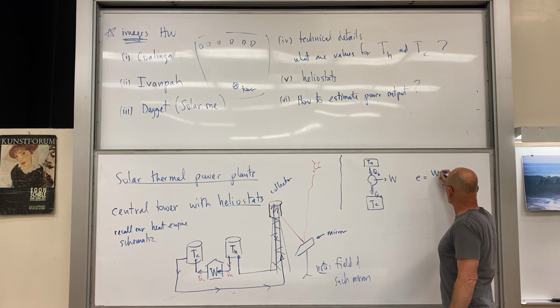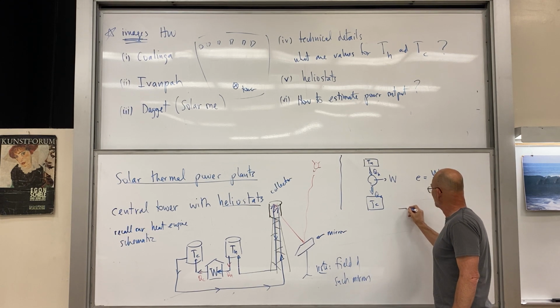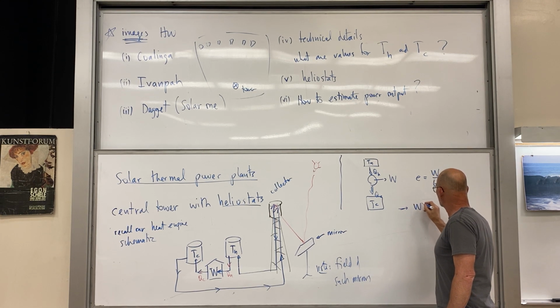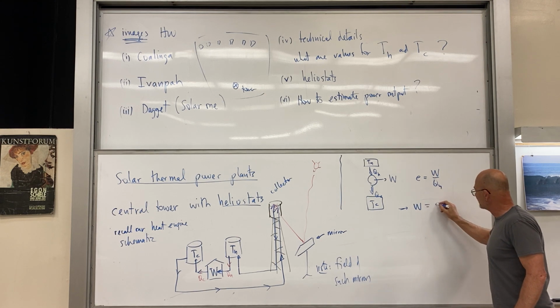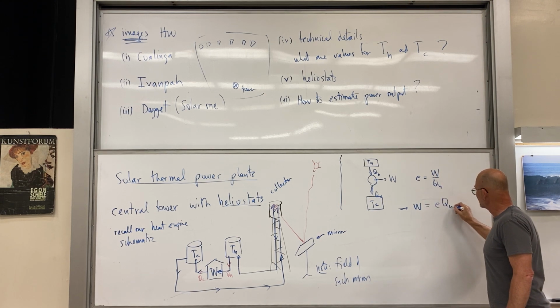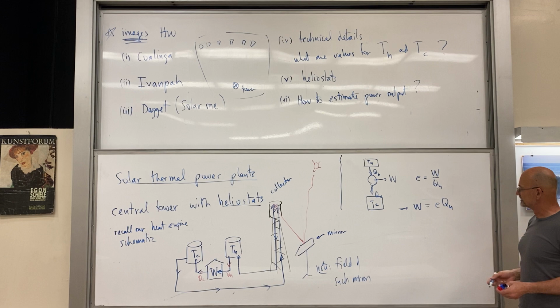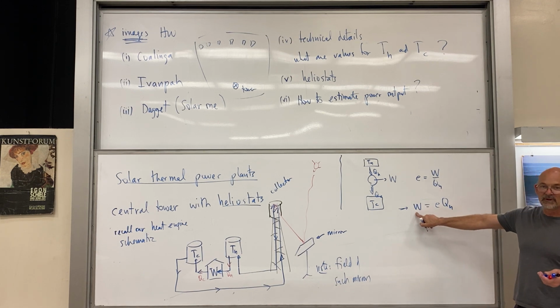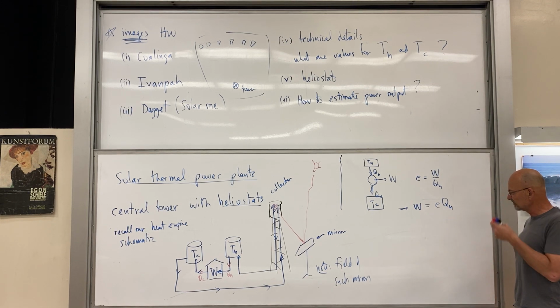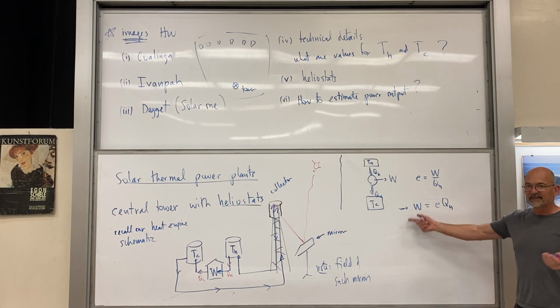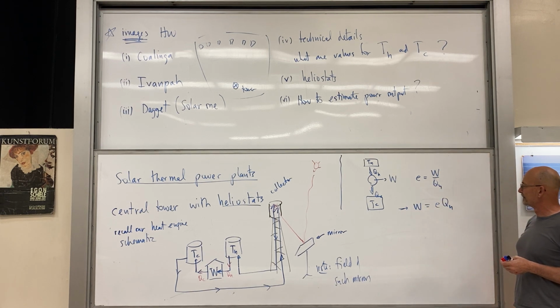So remember, we had efficiency equal to work over QH. So we can say the work is the efficiency times QH. This would be the power output in joules, and if you have joules per second, that would be the watts. So work over time, QH over time.